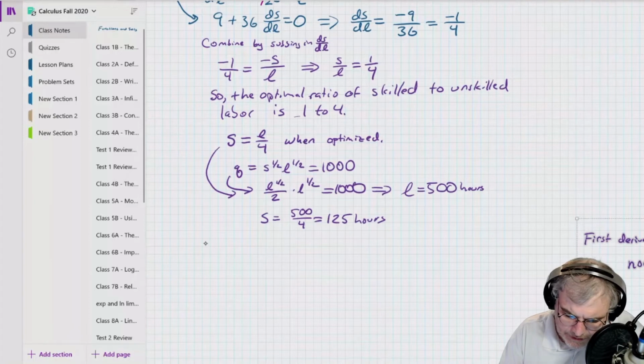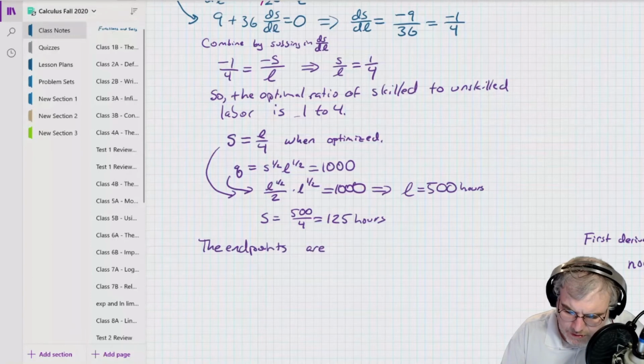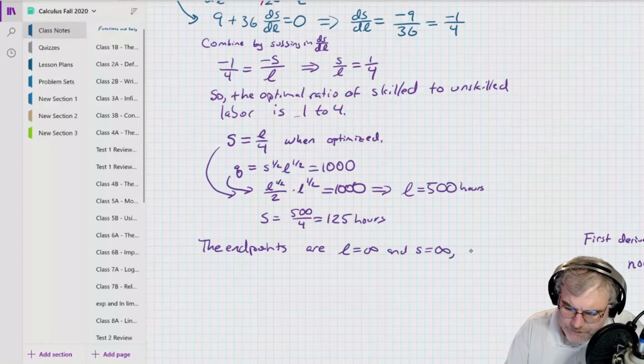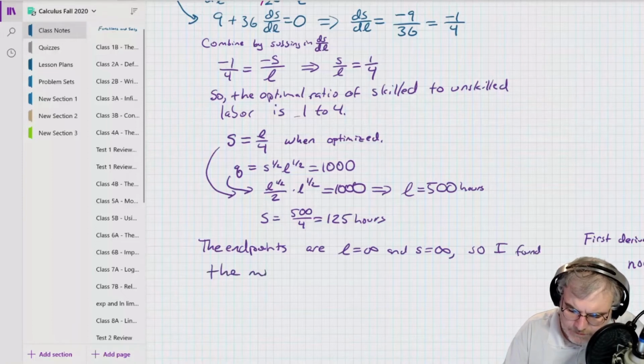Now, the endpoints are L equals infinity and S equals infinity. So I found the minimum. Okay. That's just much easier.